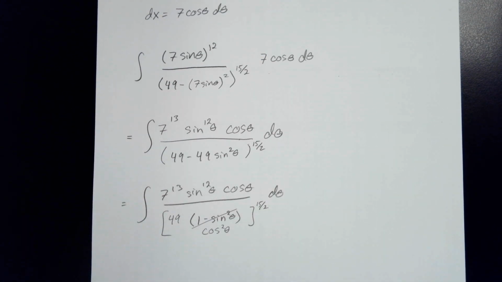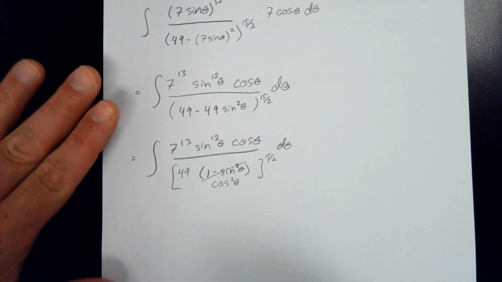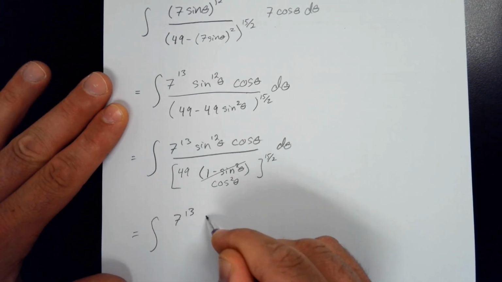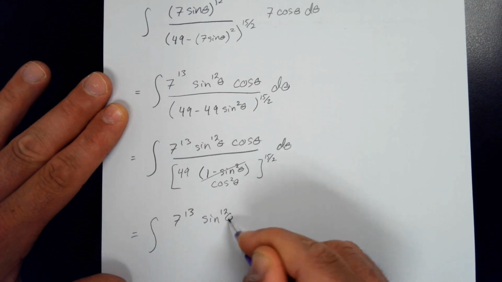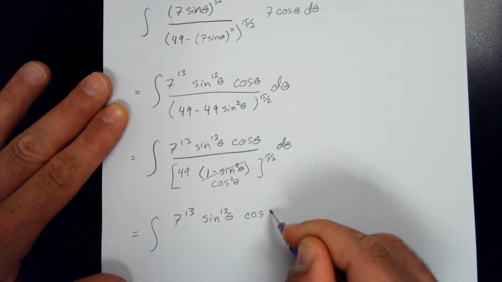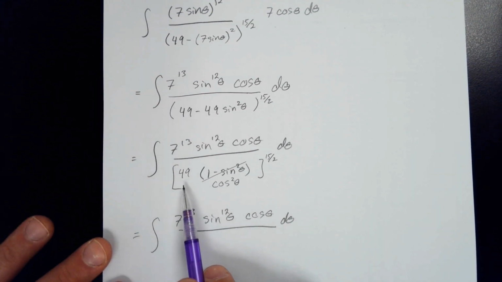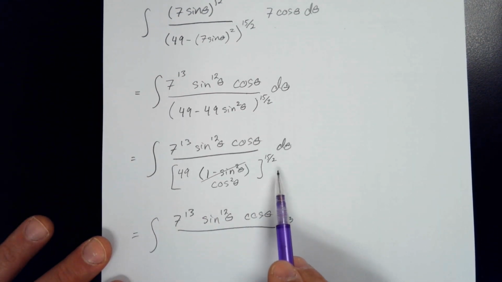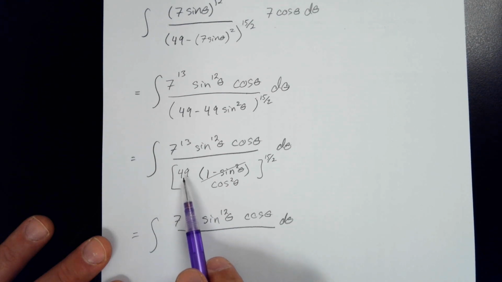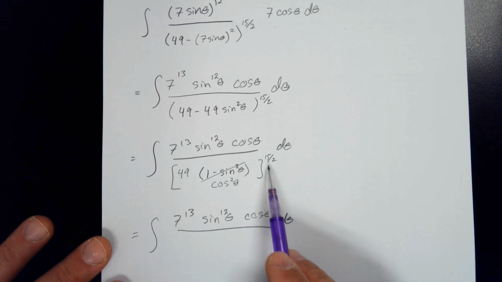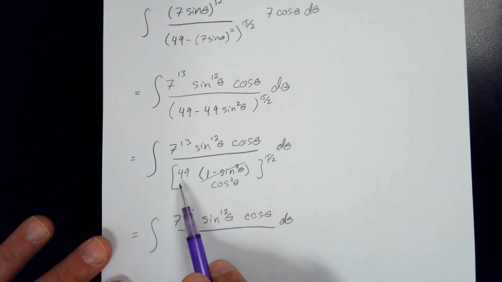And now lots of stuff kind of turns into something nice. So I still have this 7 to the 13th sine to the 12th theta cosine theta up here. Let's see, I've got 49 to the 15 over 2. Well, 49 to the 1/2 power would be 7, because the square root of 49 is 7, and then I'm going to raise that to the 15th power.